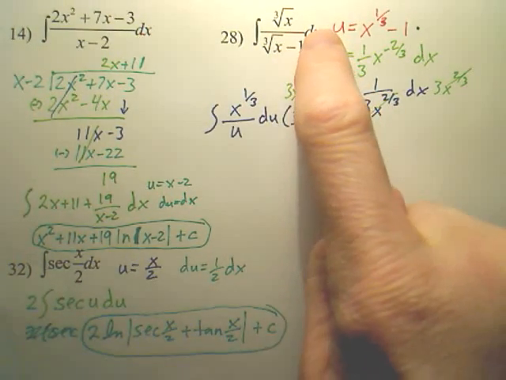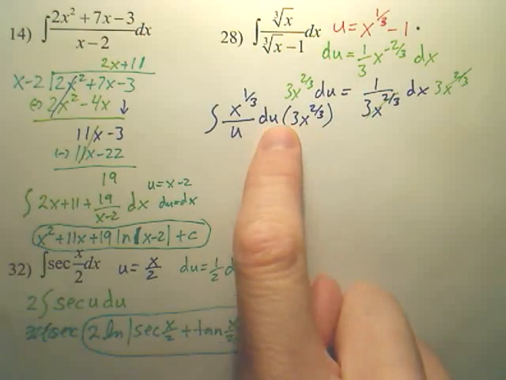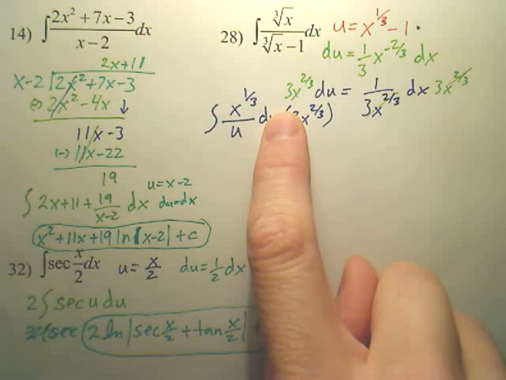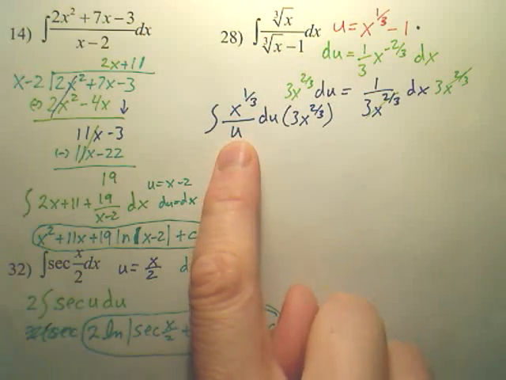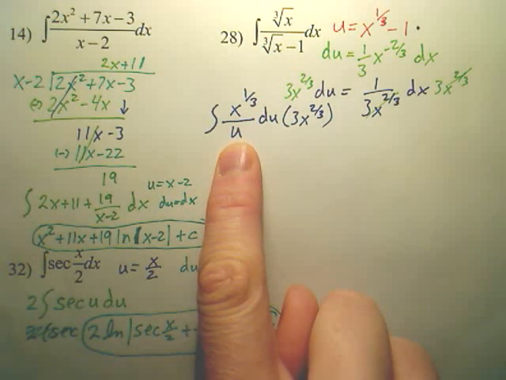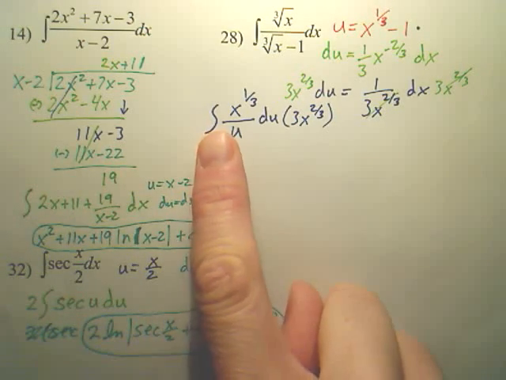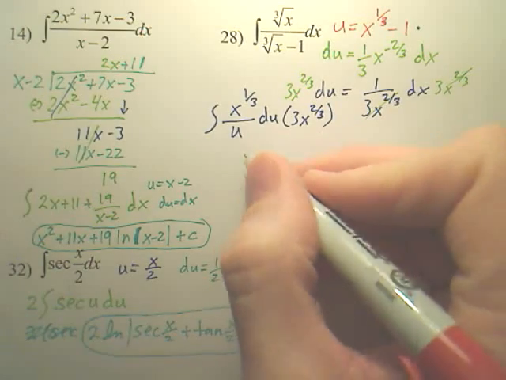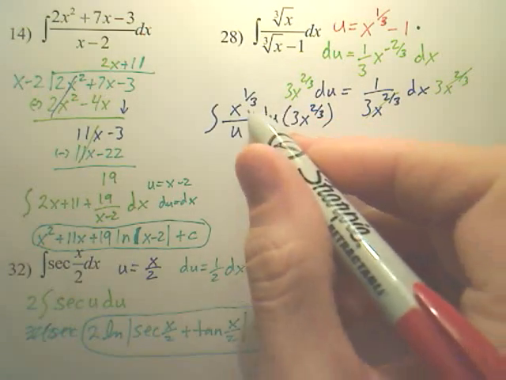So if we go back up here, I replace dx with these two pieces, correct? Dx gets replaced with this right here. This is still x to the 1/3. U is now on the bottom. But I got to get rid of my x's. So if I group this up, won't that leave me just an x on top?